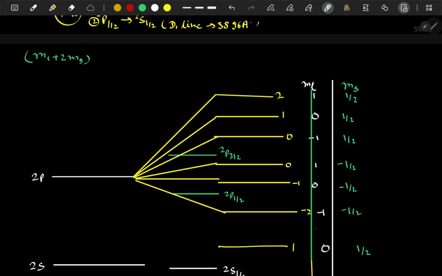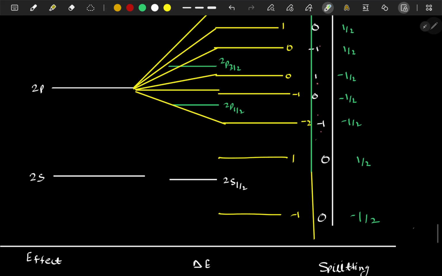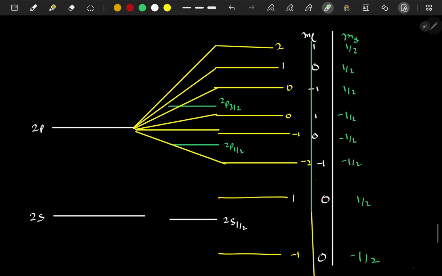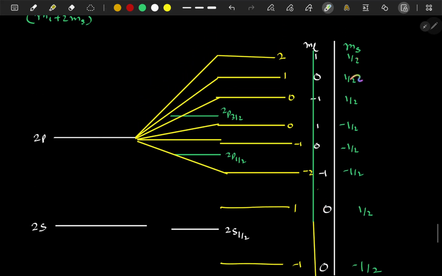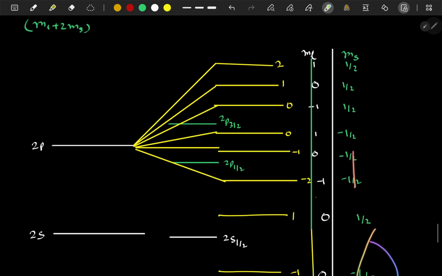Using ml plus 2ms, ml is 1, 0, minus 1, and ms is half, minus half. From here we can calculate. So we are having the values ml is 1, 0, minus 1, 1, 0, minus 1, and here 0, 0 for s, and ms is half, half, here minus half, and here half, minus half. This is the value of mj.